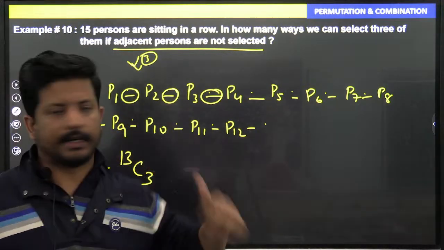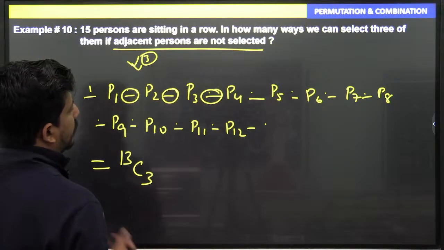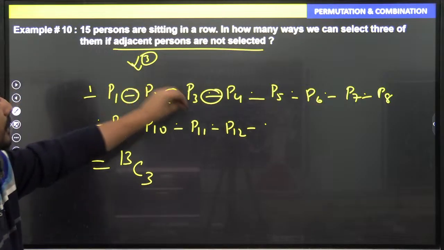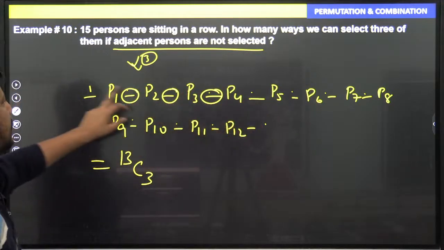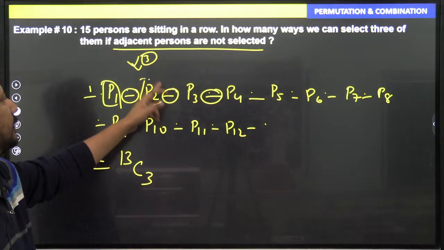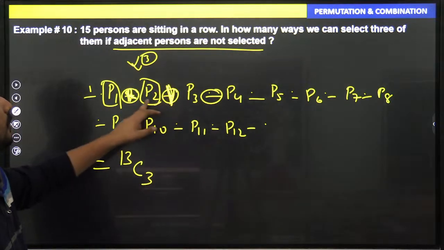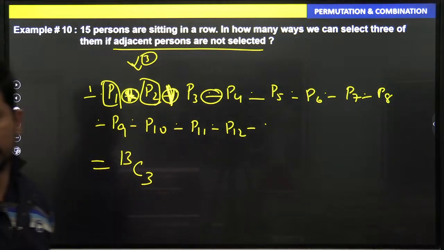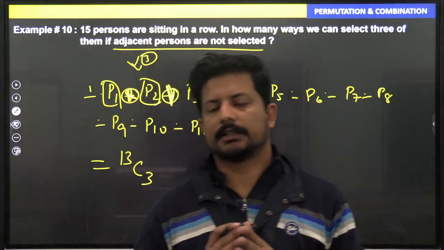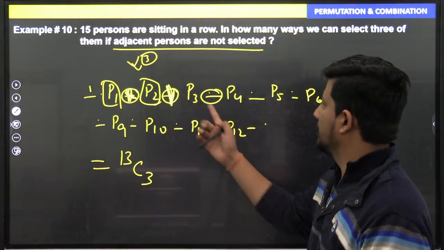Now let us suppose you have 3 members. You can fit any 3 members in these gaps. So you can see that no 2 members are adjacent, because P1 is here and P2 is here. One member is selected from here, another member from there, not from the same place. Yes or no? And one more thing: if they say to separate any of them, you need to use the gap method.